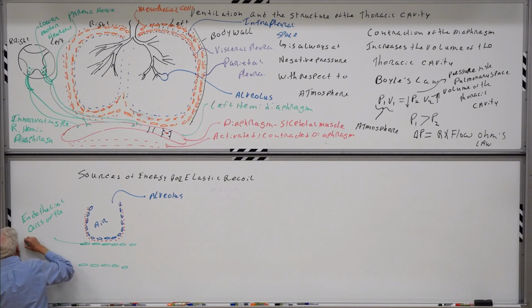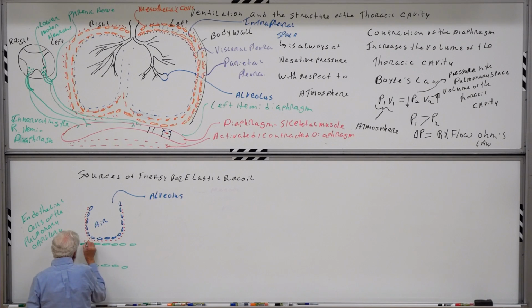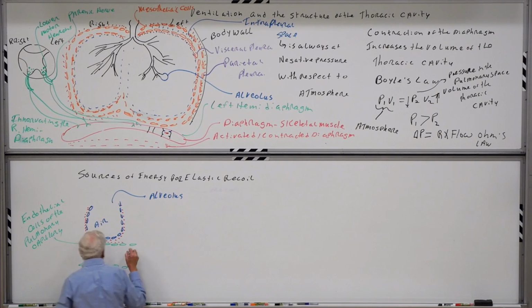of the pulmonary capillary. Outside here, between the epithelial cells and the endothelial cells, there will be this very thin layer of basal lamina.